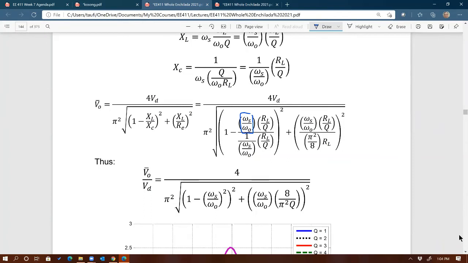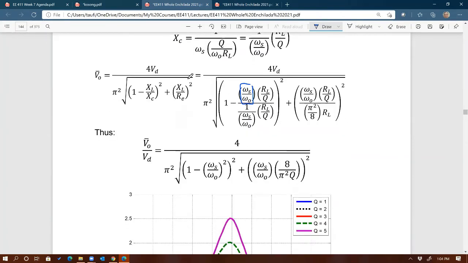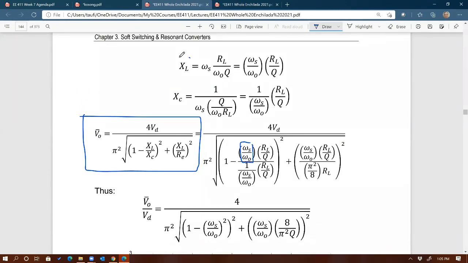I didn't show the entire steps, but I derived this equation. At the end, if you express the same equation that you had earlier, and then substitute the values XL, XC, and RE in terms of Q and the ratio of the switching frequencies, then you get the new equation. Here's how to substitute XL and XC in terms of Q and the ratio of the frequency.